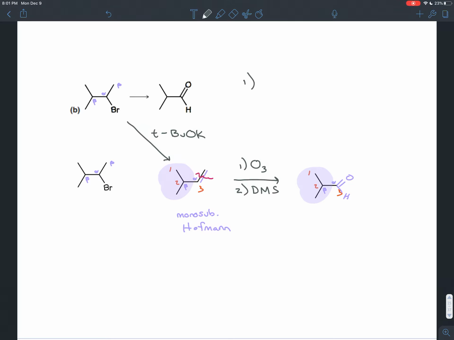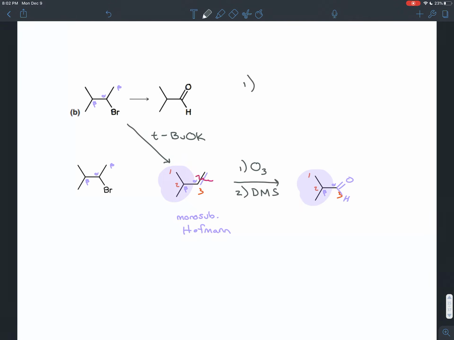We looked at the Zaitsev and the Hofmann products, and we saw that the product we wanted was the Hofmann product, so we used a bulky base to get that. A bulky base like potassium tert butoxide. Once we had the Hofmann product, we could do the ozonolysis. That's 2 steps. Because it's an alkene, the second step is DMS. If you have an alkyne, it's water. And that gave us our product.